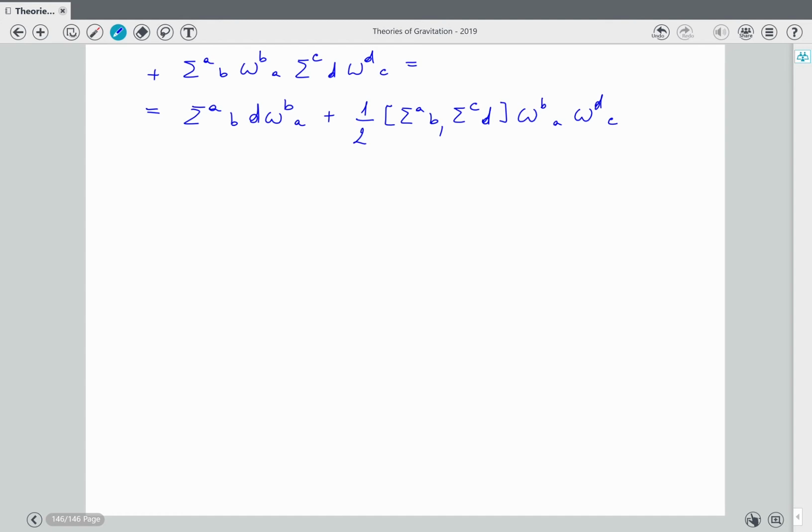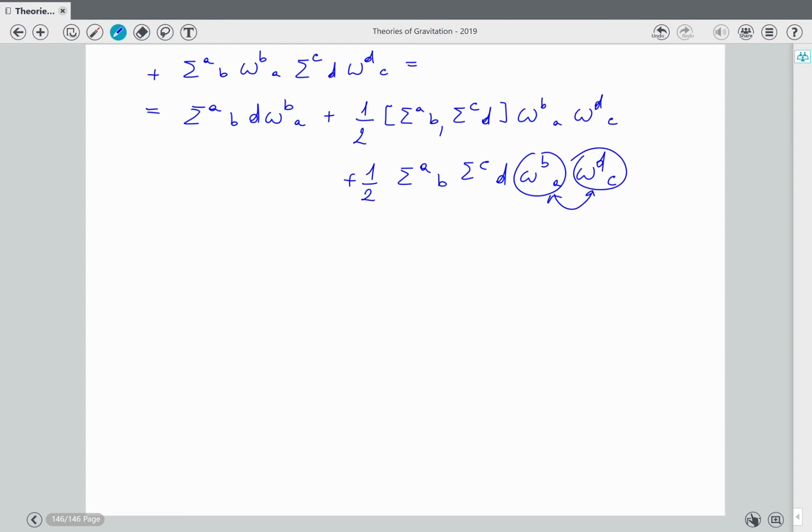So when you exchange them, you have a minus 1. And so the second contribution is equal to the first contribution once you exchange those two, which cancels the minus sign.